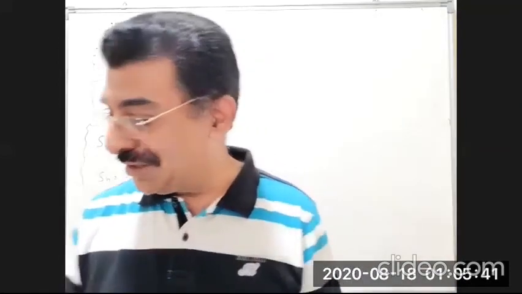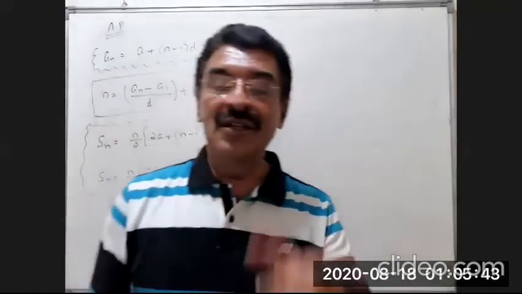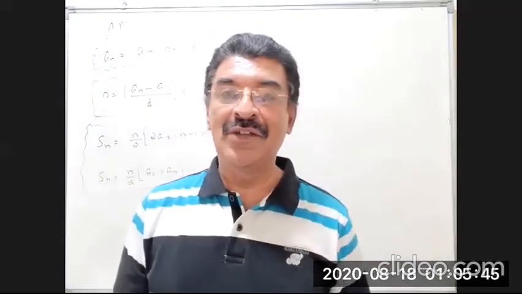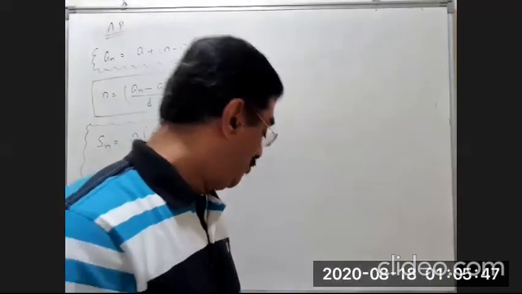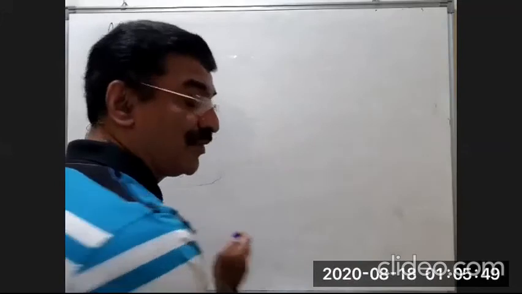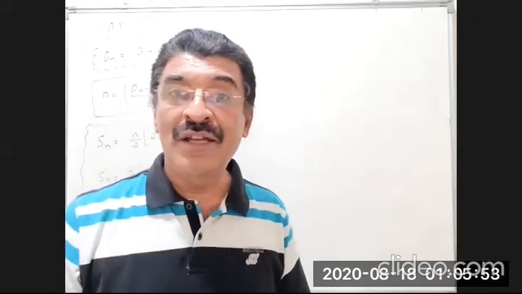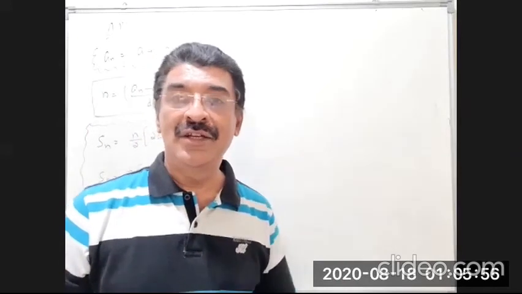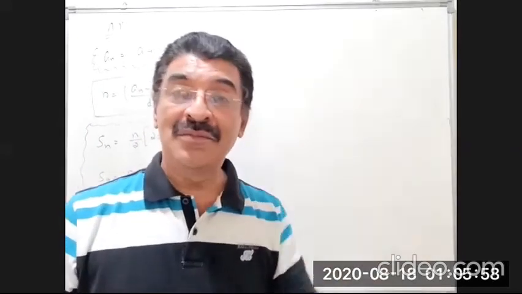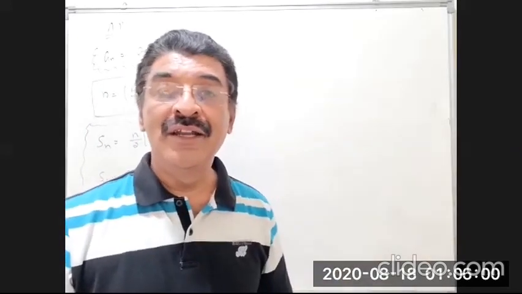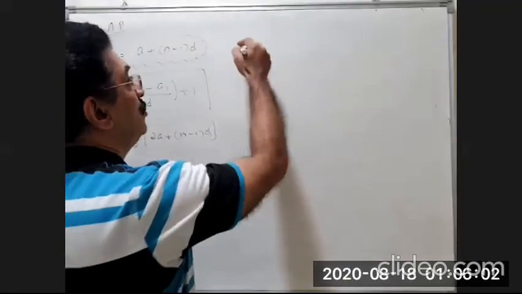Similarly, one day this Gauss's math teacher came to class. He had some work. To make the students keep quiet, you know, it is class 4 and class 5 students, what did he do? He asked the students, okay, boys, do one thing.